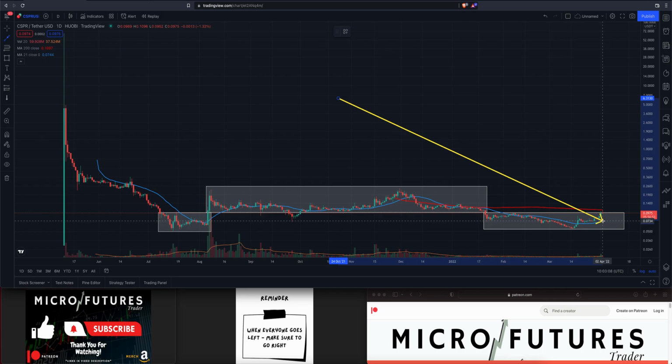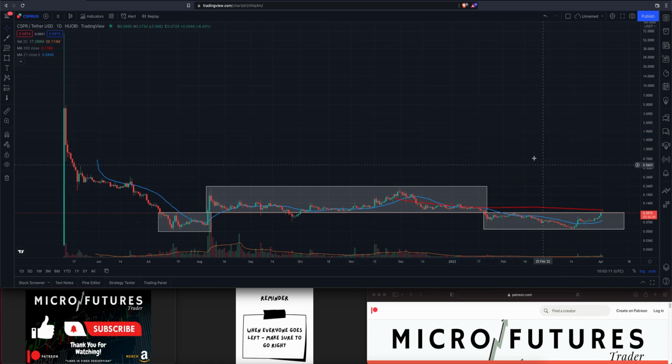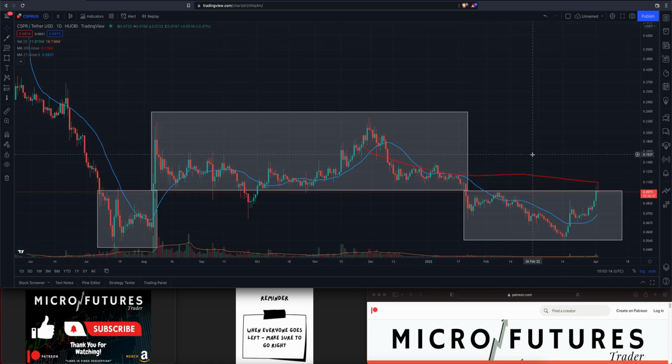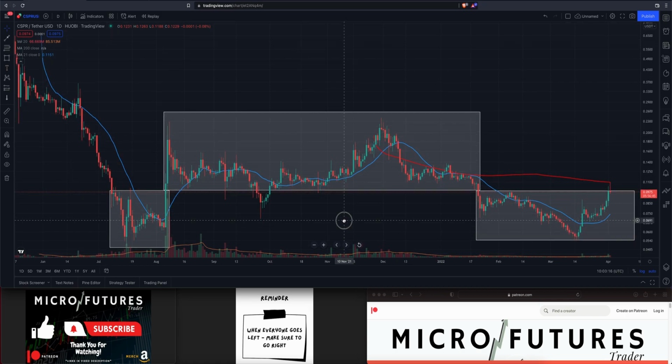This year is moving quite quickly. So let's zoom in here. Why do I have these boxes on the chart? Well, I wanted to share: sometimes it's hard to see these things, but when you throw these boxes on it, it gives you a good visual and kind of makes more sense.